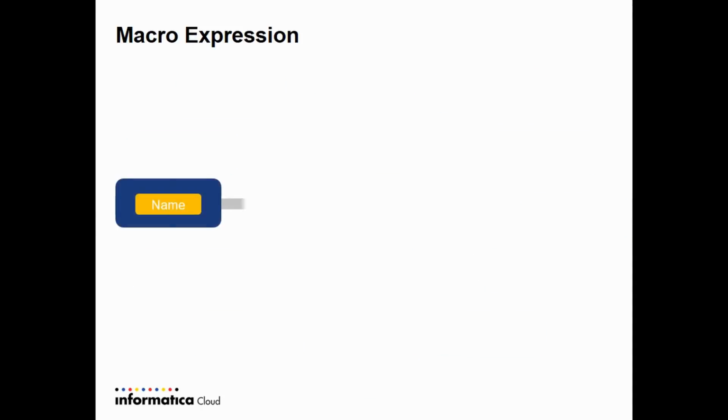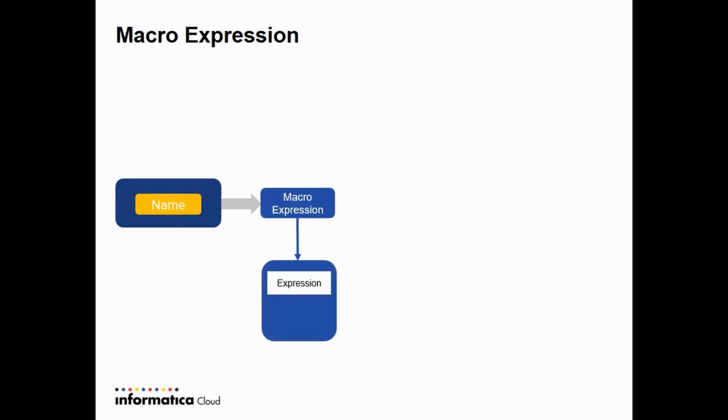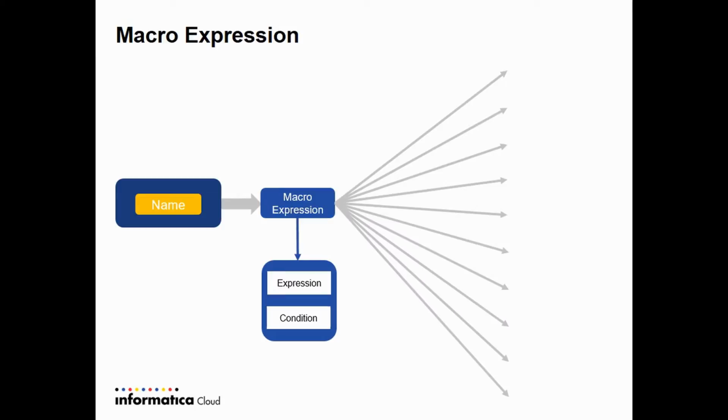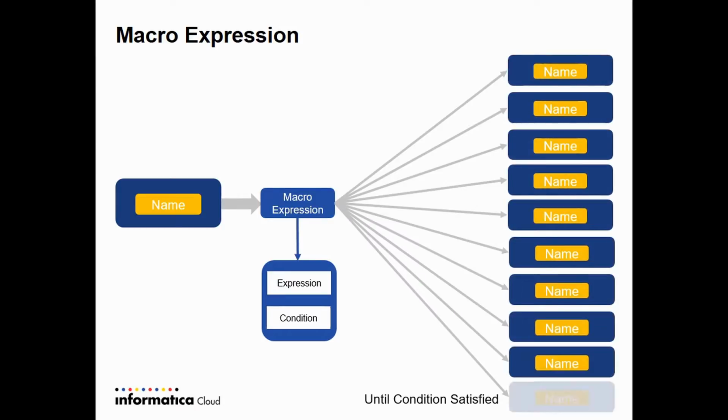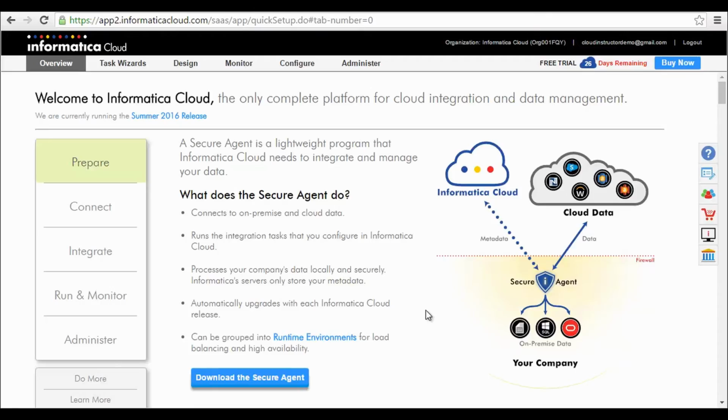Rather, you can use a macro expression in which you provide the suitable expression and a condition. The integration service itself copies the name from the first field and pastes it in the target field till the condition is satisfied. Once the condition fails, the loop breaks and the process is stopped. Let us now see a demonstration on macro expression.